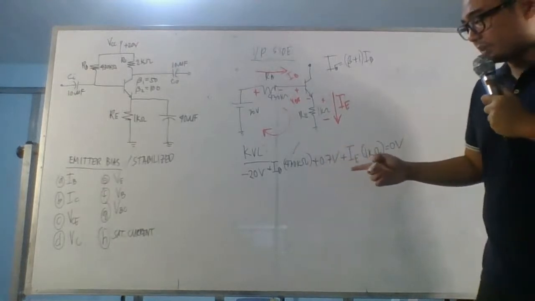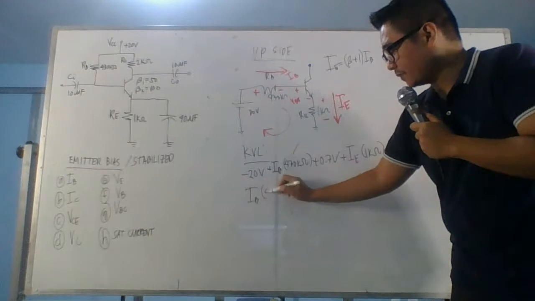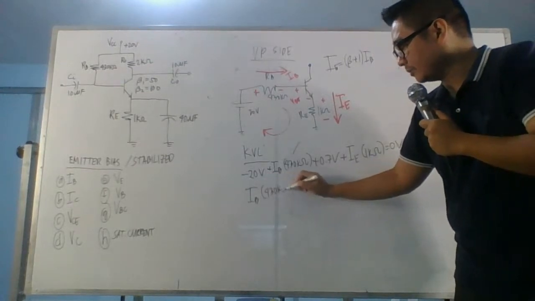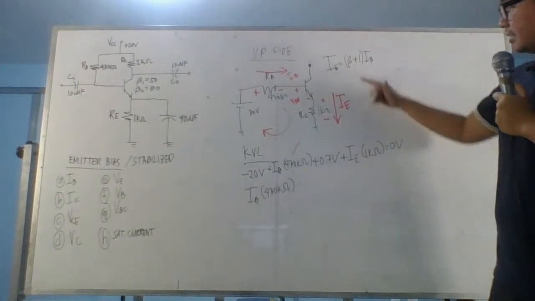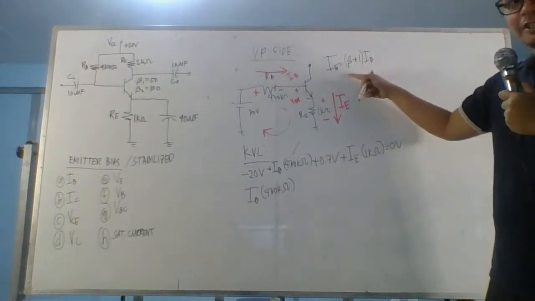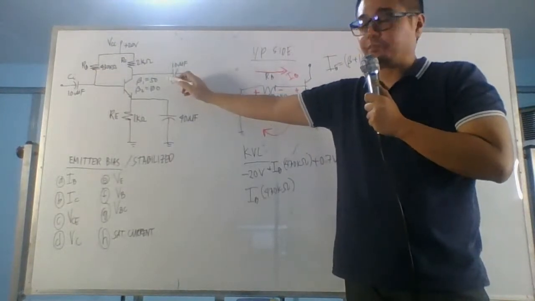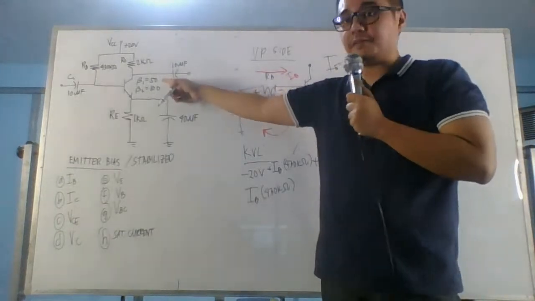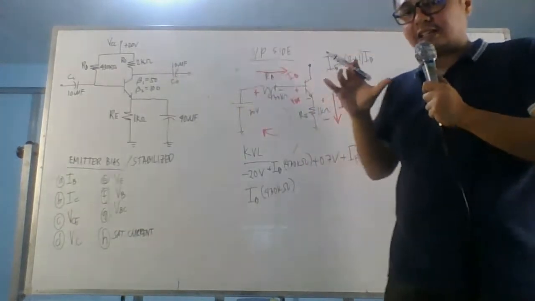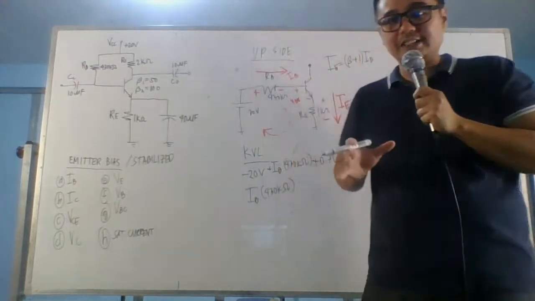Okay, so let us now rearrange the equation. We have IB times 430 kilo ohms. And then, instead of writing IE, ito na isusulat natin. Okay? Meron tayong dalawang beta. We have 50 and 100. Okay? Ang gagawin ko ngayon is isosolve ko yung 50 and then ipapa-assignment ko sa inyo yung 100 to be submitted today. Okay?